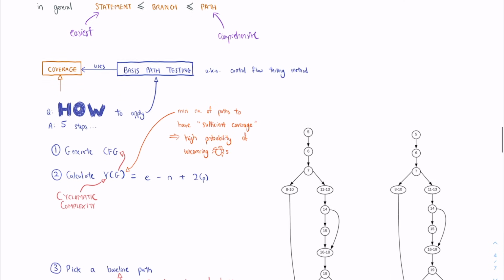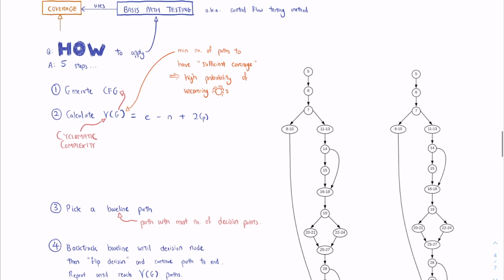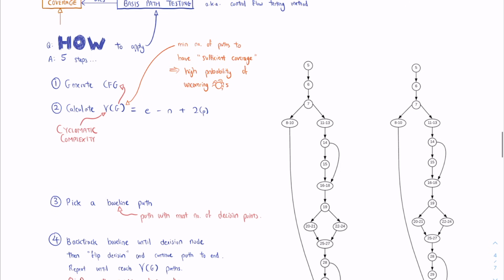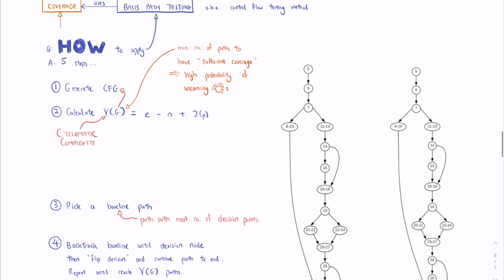Okay, which is why now we are going to talk about this notion called cyclomatic complexity, which is here. Okay, so what is this cyclomatic complexity, you may ask? As shown over here, it is a formula, and this formula includes these three variables. Okay, and these three things are nothing more than what we already know.